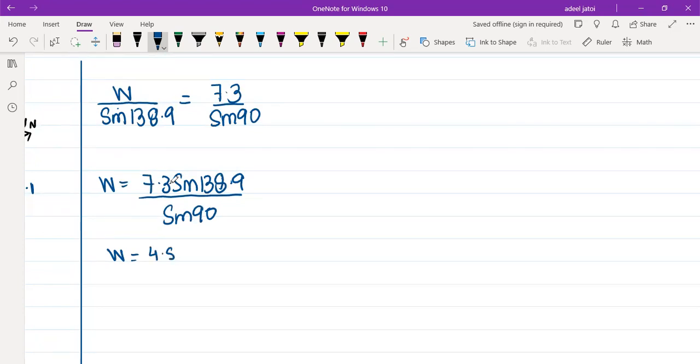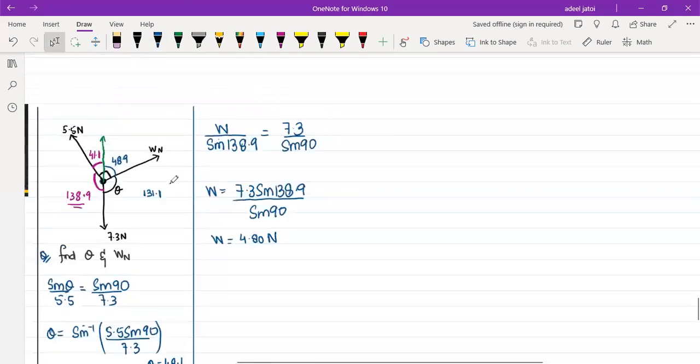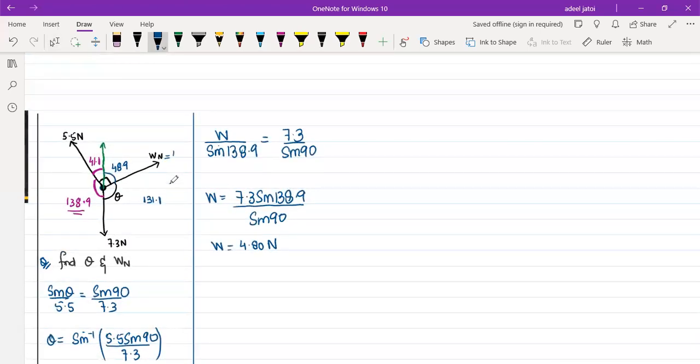This will be 4.80 Newton, so 4.8 Newton. So these are the two values that we found.